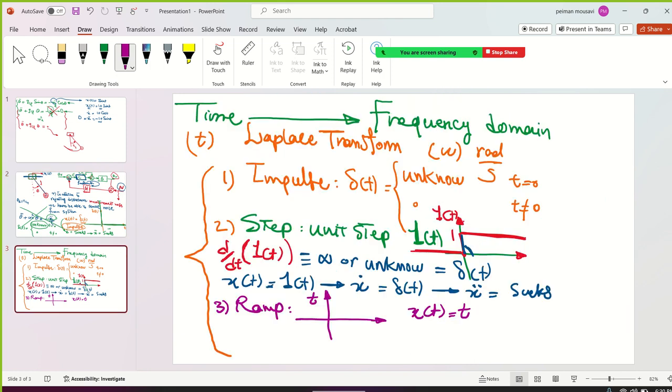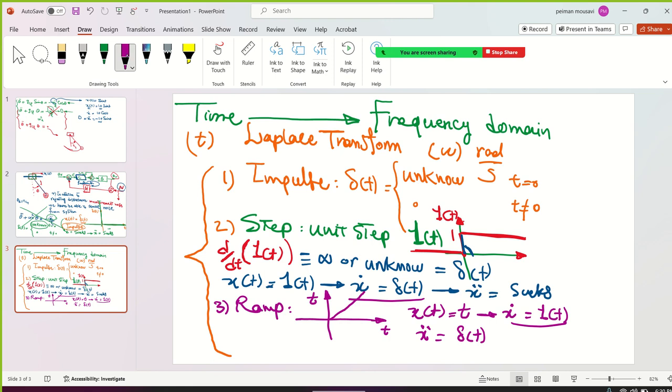Okay, here we go, ramp, t versus t. So with x of t, x dot is going to be a unit step. X double dot is going to be how much? Impulse. Again, I cannot solve it as a disturbance.